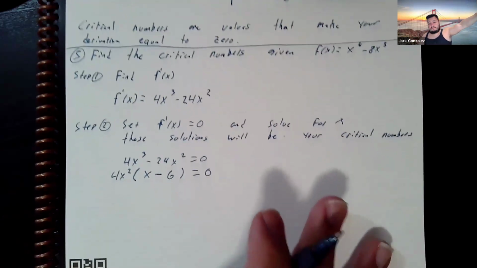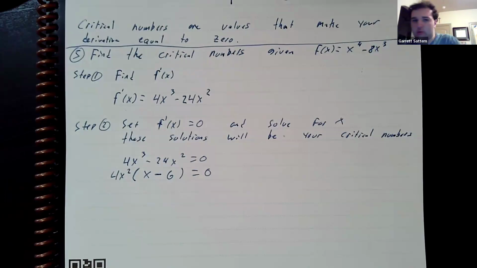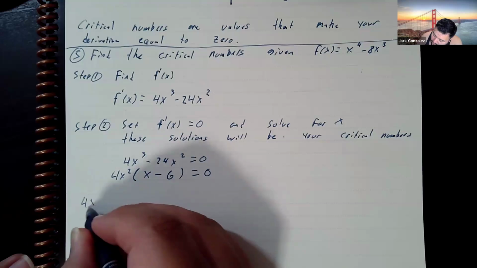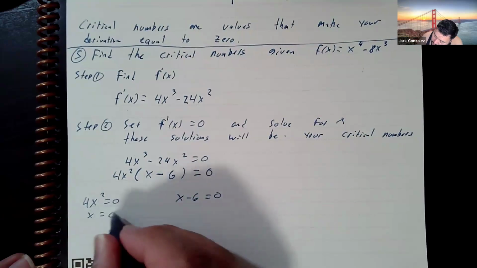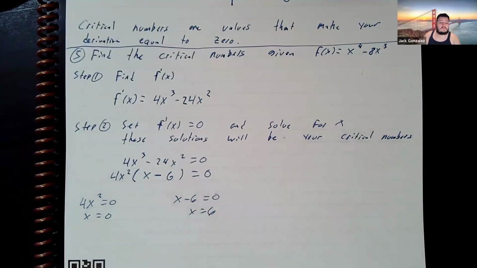You agree with the factoring? Factoring, okay. Yeah, I'm okay. So, factored it. Set it to 0. X is 0, X is 6. So all they asked for was the critical numbers. So we found 2 of them. That's how you find them.